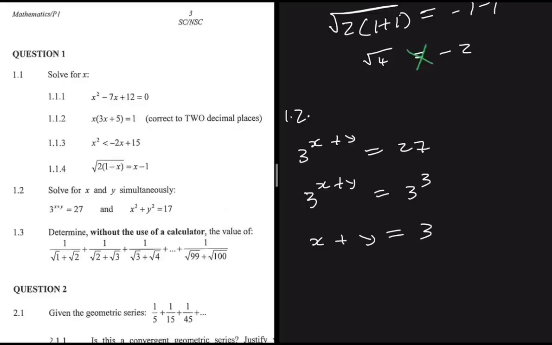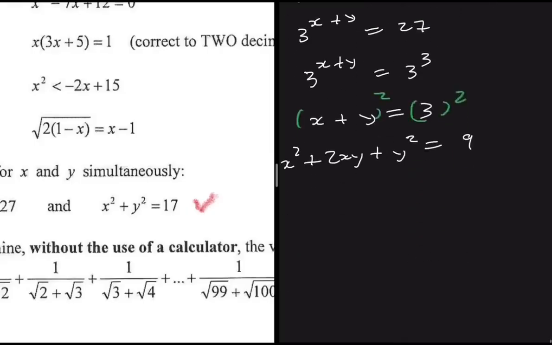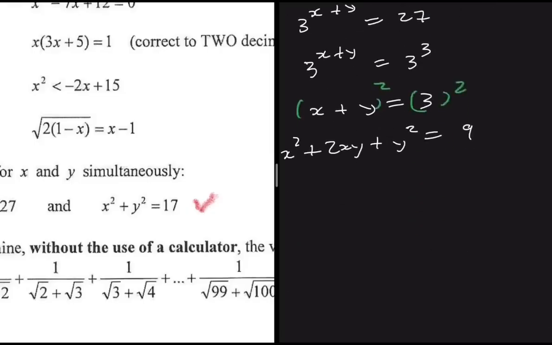So what can we do? We're told that x squared plus y squared is equal to 17. Let's try squaring both sides and see what we're going to end up with. If we square both sides, we're going to have x squared plus 2xy plus y squared being equal to 9. Right, and then we can have x squared plus y squared plus 2xy being equal to 9.